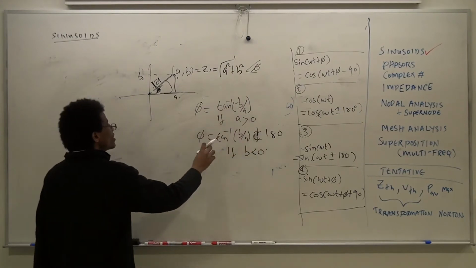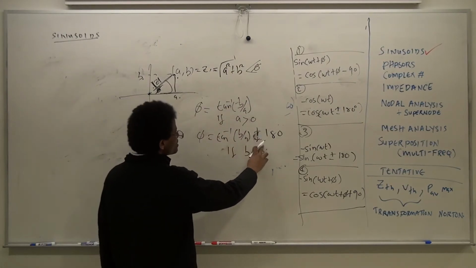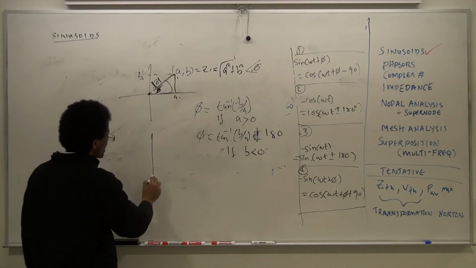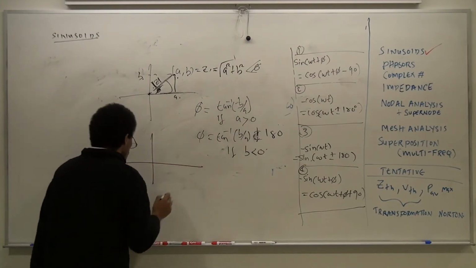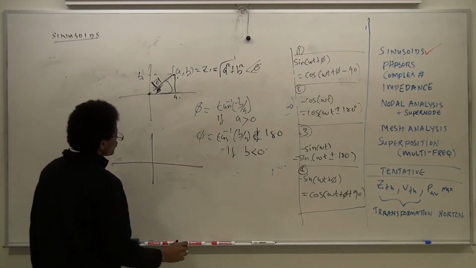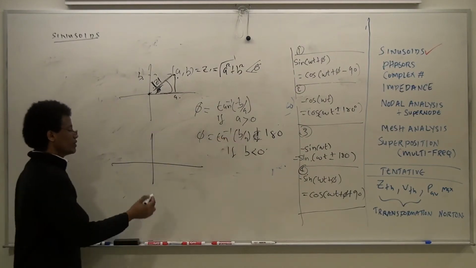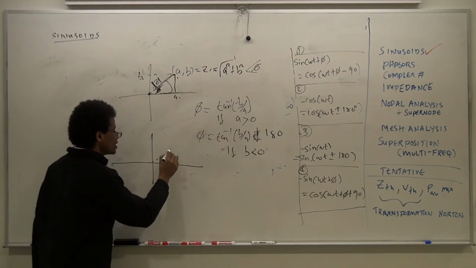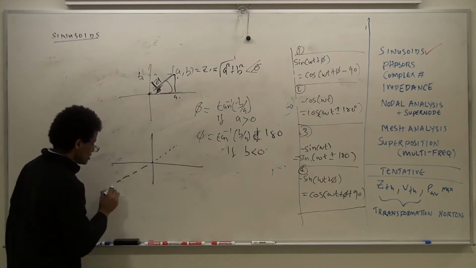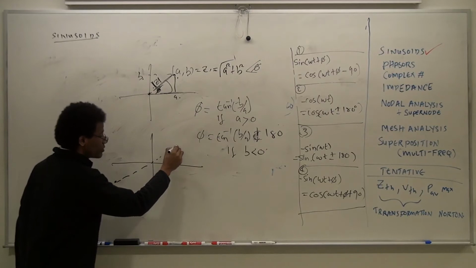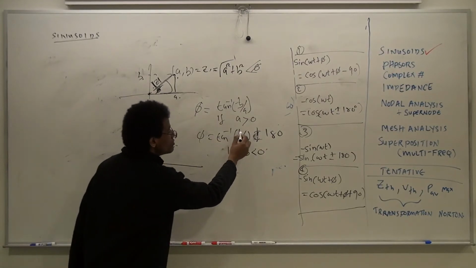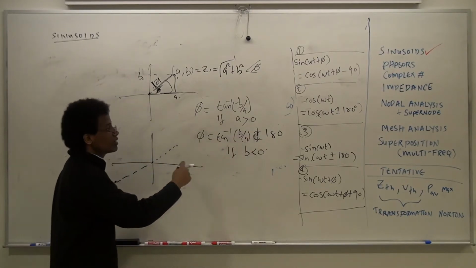The reason we have this plus or minus 180 degrees is very simple: your calculator does not know the difference when both A and B are negative. If both A and B are negative, look at this: this is A negative and B negative, and this is A positive and B positive. But when you do tan inverse of B over A, the negatives cancel.